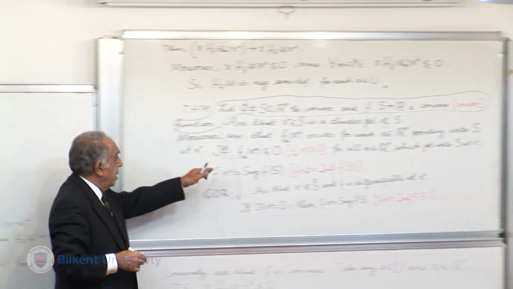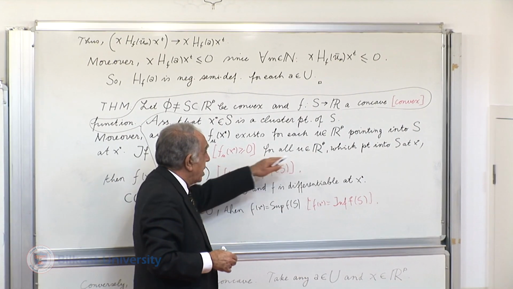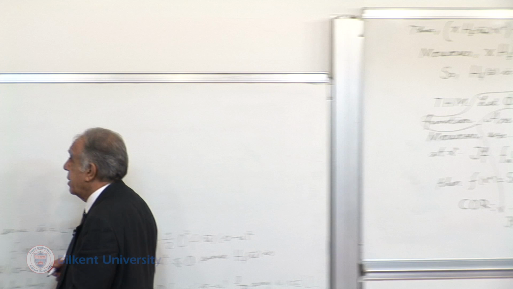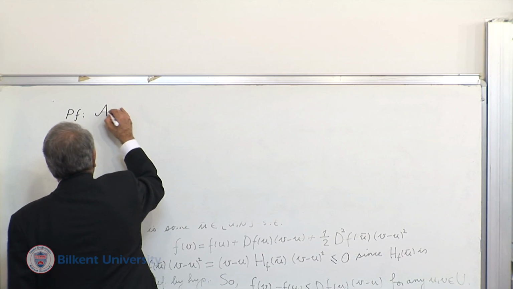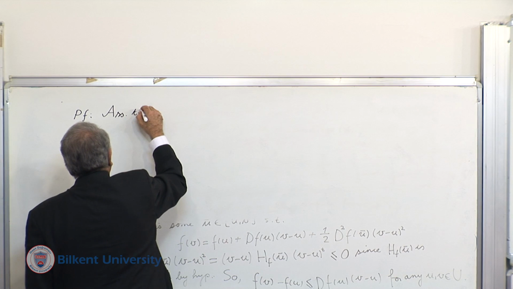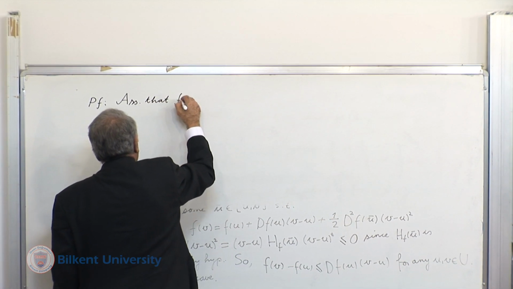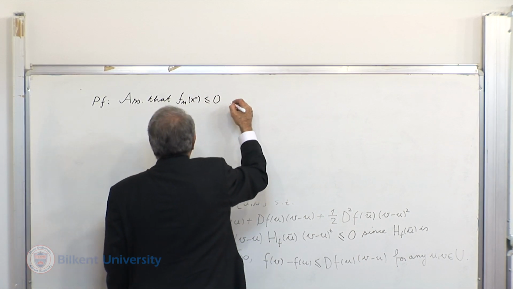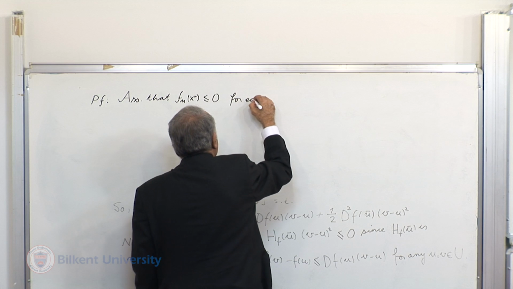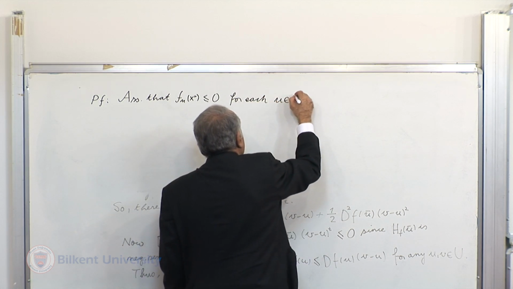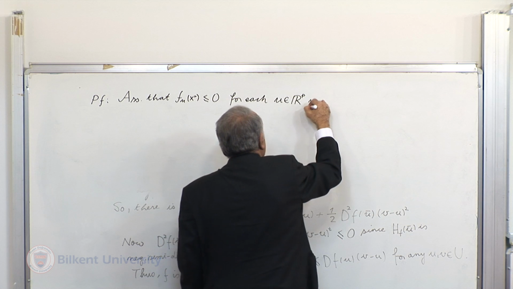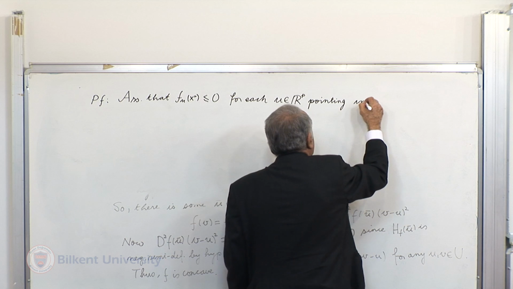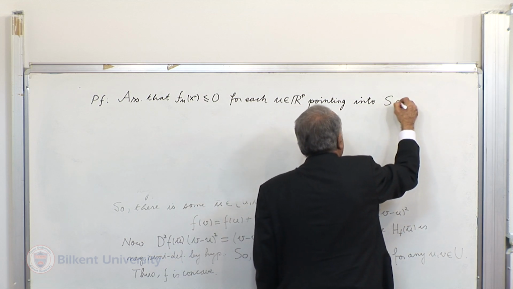Let's assume that f sub u of x star is less than or equal to 0 for each u in Rp pointing into S at x star.